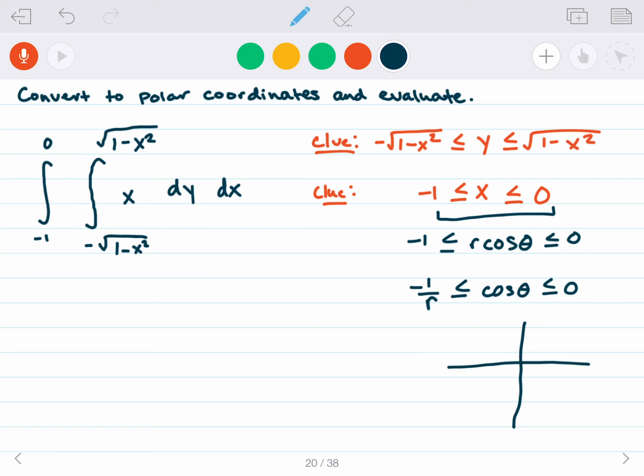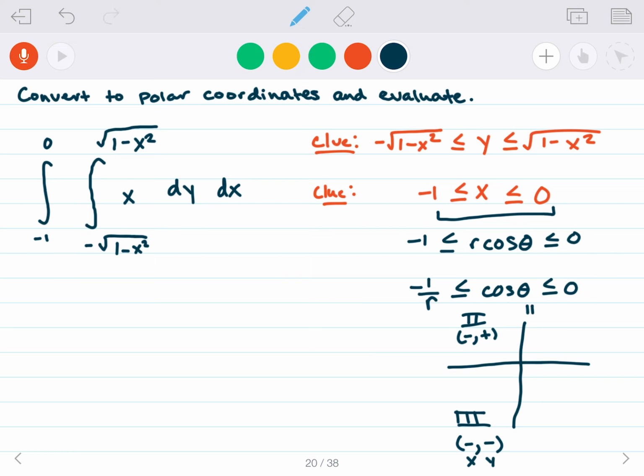Cosine's negative in quadrants 2 and 3. Sorry about that. Cosine's negative because the x value is negative in both cases. So cosine's negative, and cosine also could be 0.